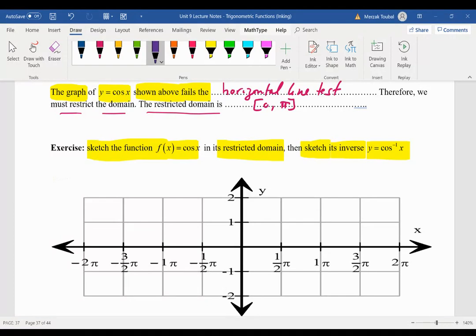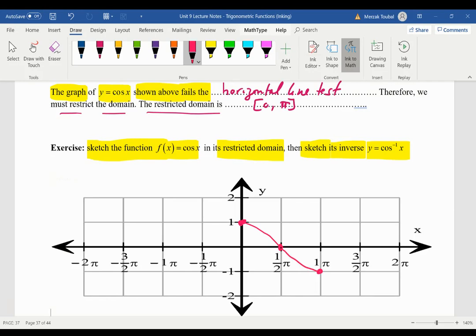So let's start with the cosine on the restricted domain. We said the restricted domain will be from 0 to pi, so cosine of 0 is 1. Cosine of pi over 2 is 0, and cosine of pi is -1. We could do a point in between, let's say pi over 4 would be approximately 0.7, and the curve would look like something like that.